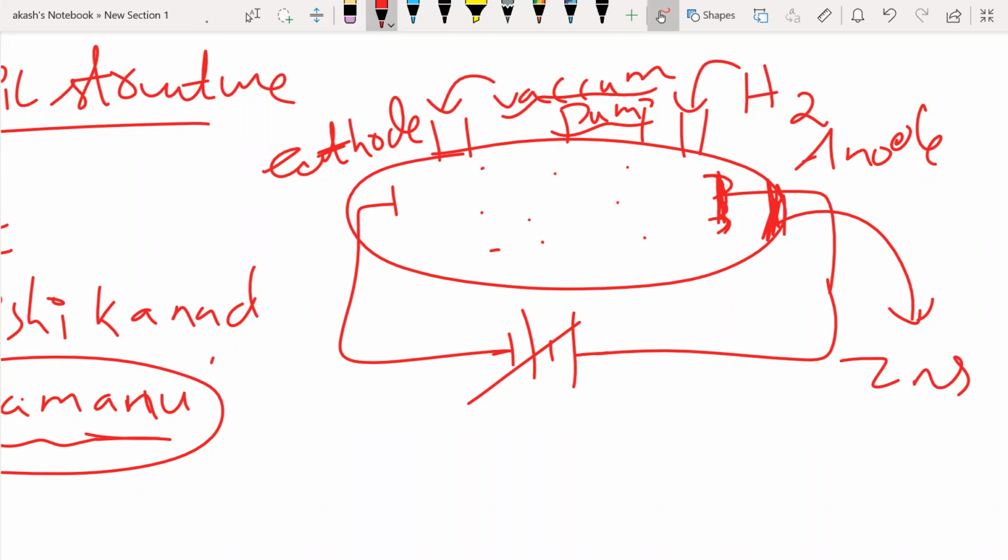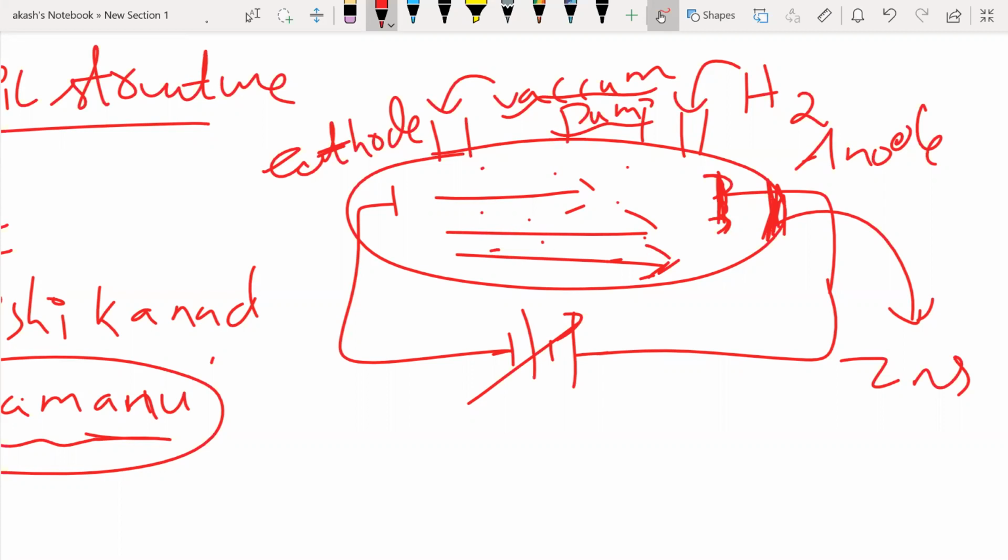Anyways, when he switched on the battery, he observed something: he saw something moving from the cathode towards the anode. And how did he confirm it?